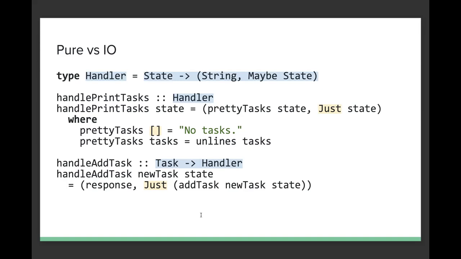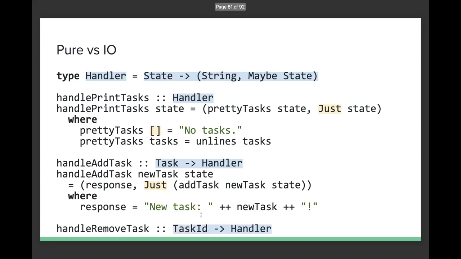So when we take a task and return a handler, it's the same as saying, okay, handle add task takes a new task and returns a function, which means that we can, again, take one more argument, which is the state, and then return the result, which is some response, which in this case is just saying new task, and then the new state. And the new state just adds the new task to the state. And similarly, we can define handle remove task and handle exit. Does this make sense?